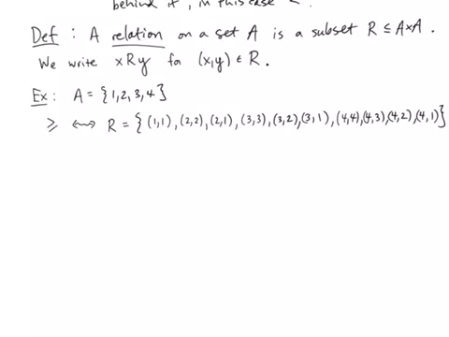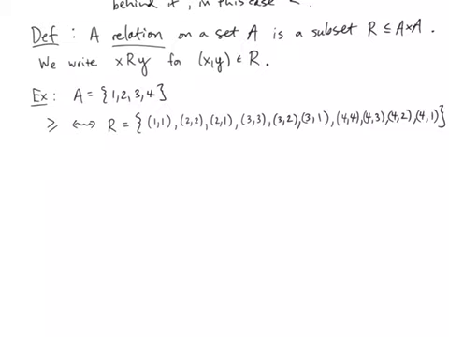And so this 10 element subset of A cross A, that is equivalent to the relation greater than or equal to on the set A. And again, if you just look at the set itself, the set R, and just looking at all of these pairs, you should be able to mentally reconstruct the meaning of the original relation just by looking at the pairs of elements, right?